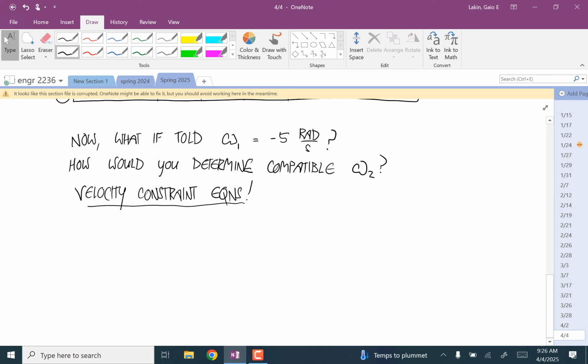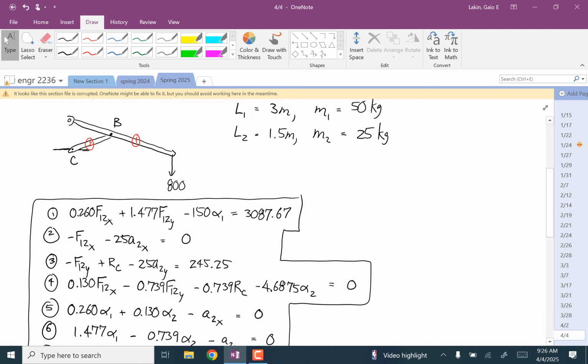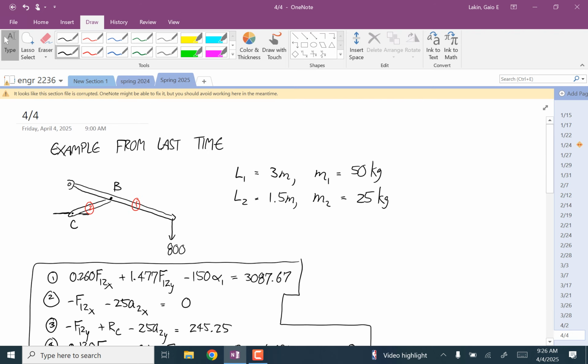Okay, so I'm going to start with the velocity constraint at B. And just like with the accelerations, I'm going to calculate that velocity according to each one of these members. Okay, how are we going to calculate the velocity of B according to member 1? Watermelon. Yeah, well, the velocity version of watermelon.